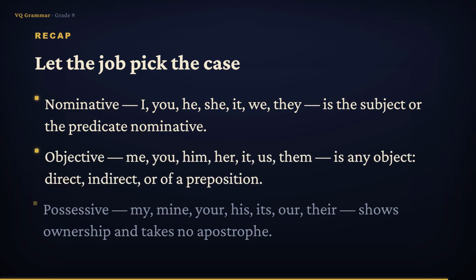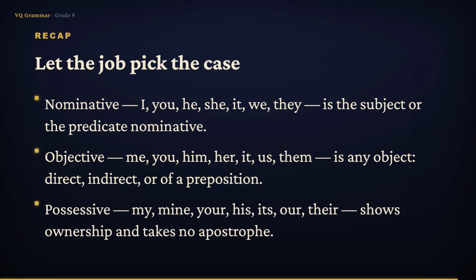The objective, me, you, him, her, it, us, them, covers every kind of object: direct objects, indirect objects, and objects of a preposition. And the possessive, my, mine, your, his, its, our, their, shows ownership and never takes an apostrophe. Name the job first, and the right form follows every time.